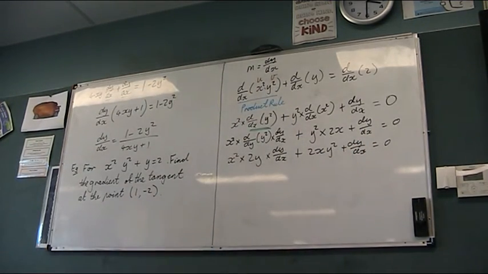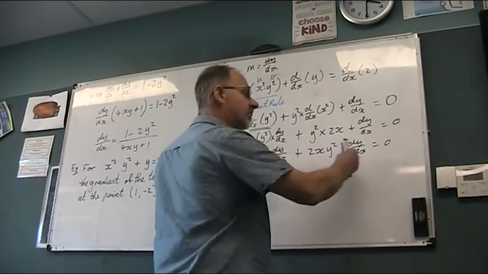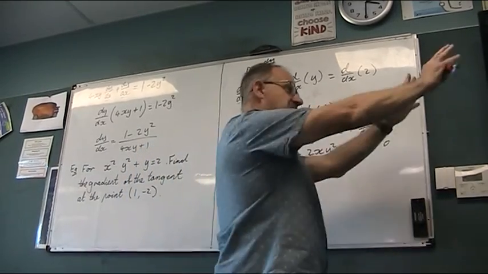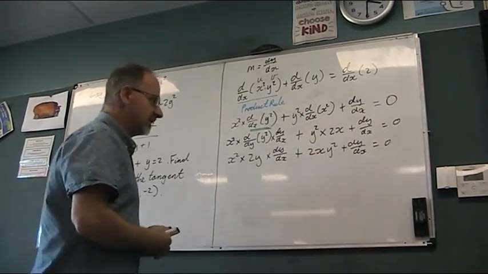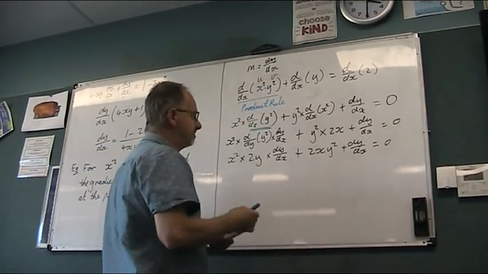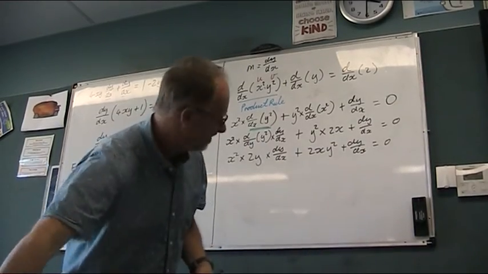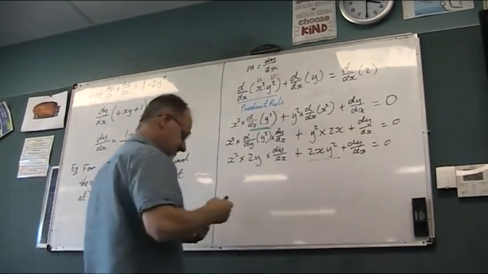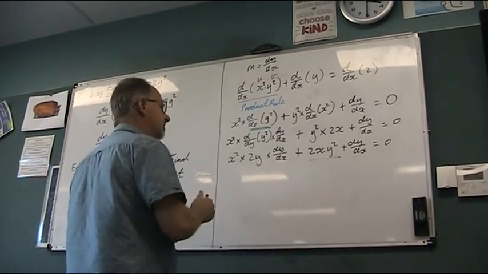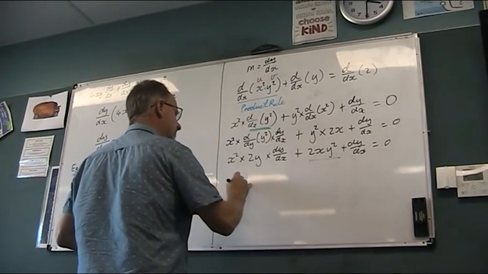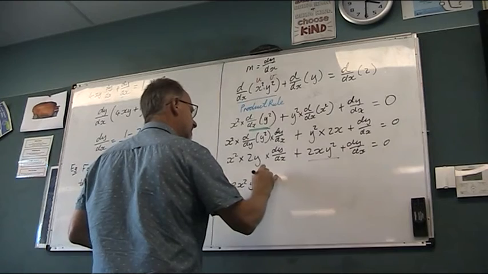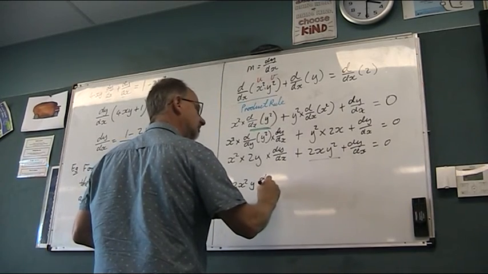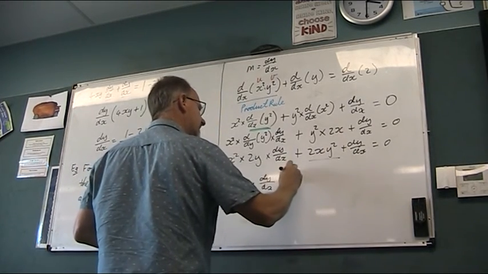Alright. So this is now where, like I did before, we want to get our terms with dy/dx in them on one side, terms without on the other side. So this bit in the middle here, the 2xy squared, I want to stick that over there. Keep the other stuff, so I've got 2x squared y dy/dx, plus that will do dy/dx there.